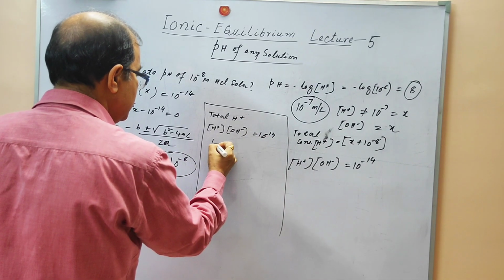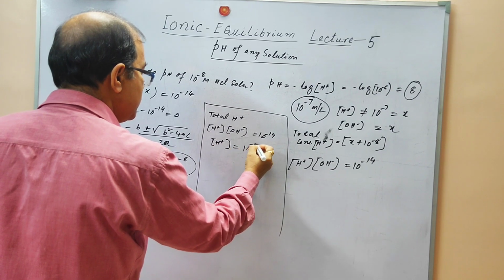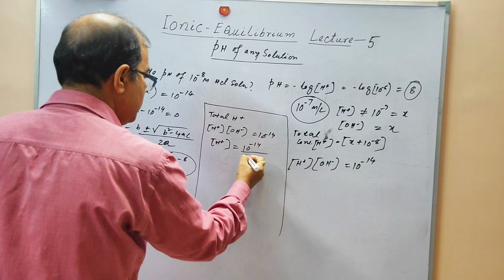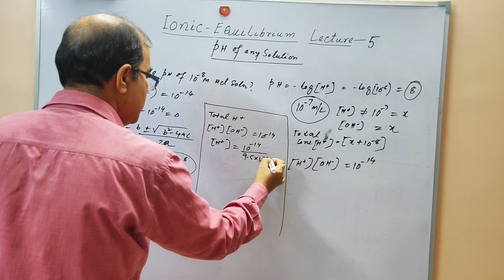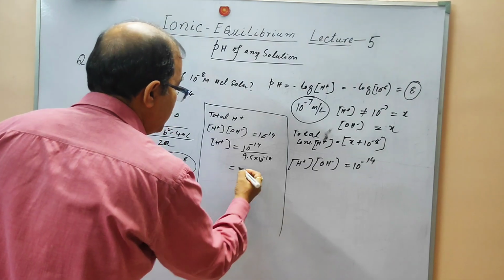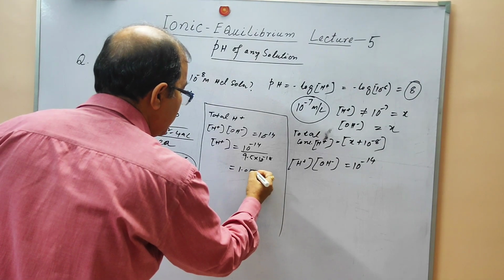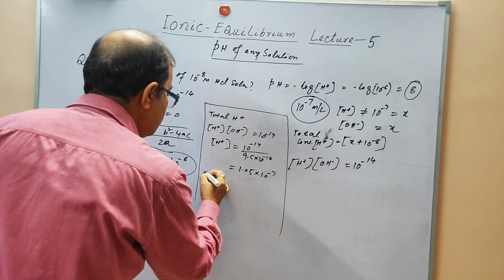We will get the H plus concentration as 10 to the power minus 14 divided by 9.5 into 10 to the power minus 8, and it will come around 1.05 into 10 to the power minus 7.